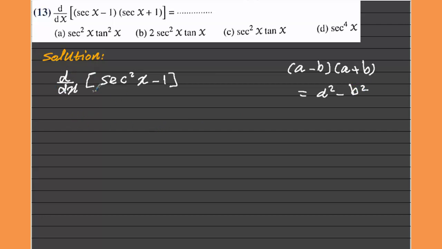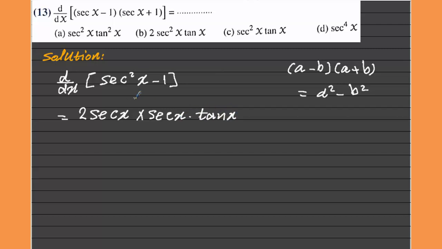So the differentiation will be d dx of sec square x minus 1, which equals, what is the derivative of sec square? Equals sec x multiply the derivative of sec x as itself. What is the derivative of sec x? It is sec x dot tan x.